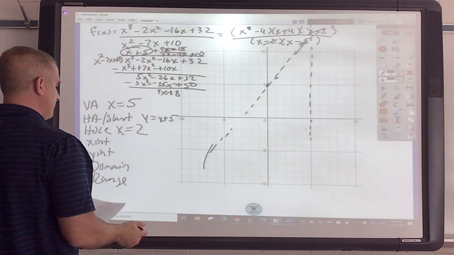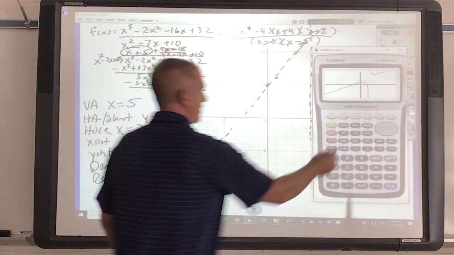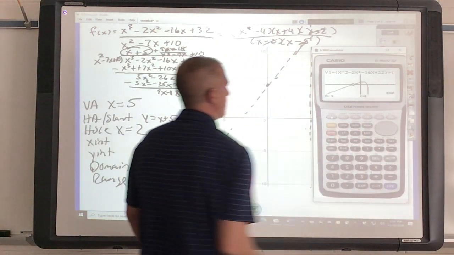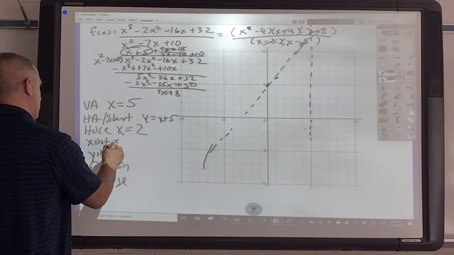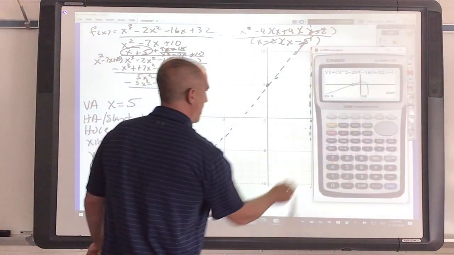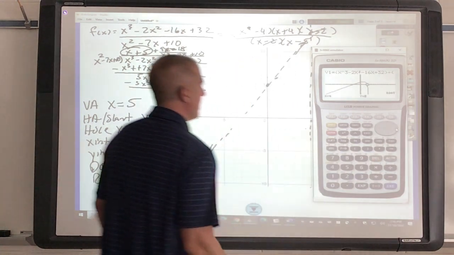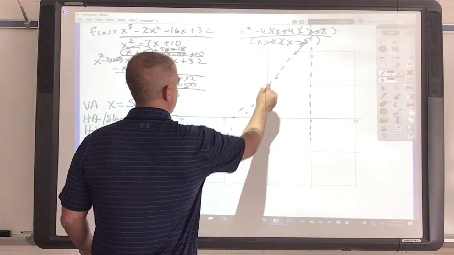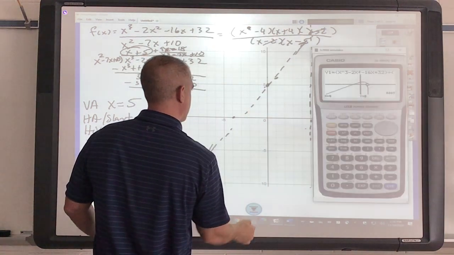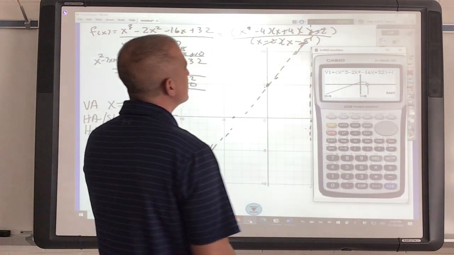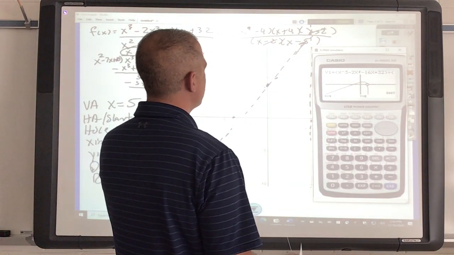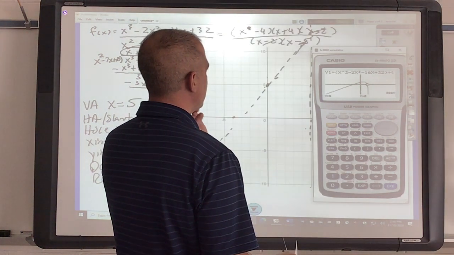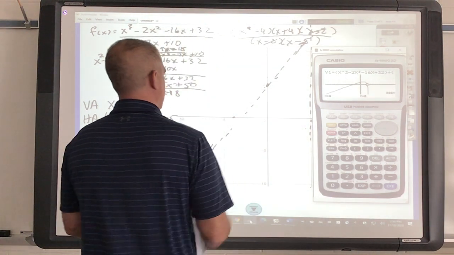All right, let's see if I can find some of the stuff. G solve root x equals -4. Let's see if there's any others. Okay, I got x equals 4. Okay, so I got, let's see here.